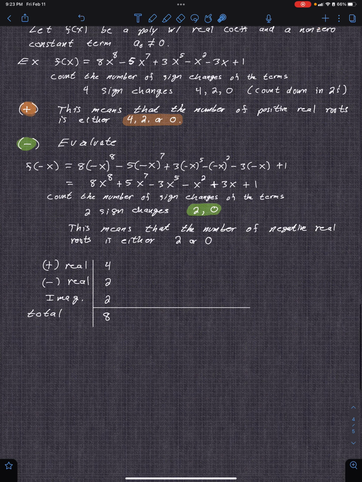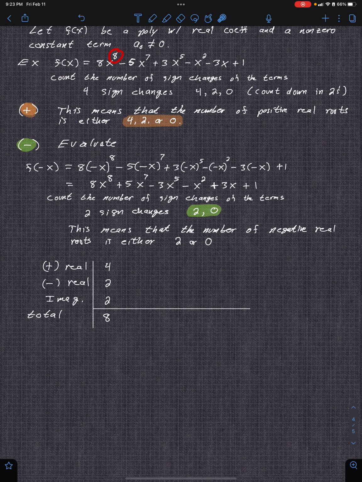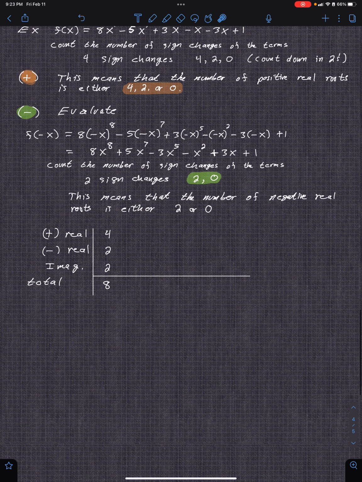Why? Because it must match the degree of the polynomial, so there must always be 8 roots. Then the next case: suppose there are 4 positive and no negative real roots, then there must be 4 imaginary, which totals 8.